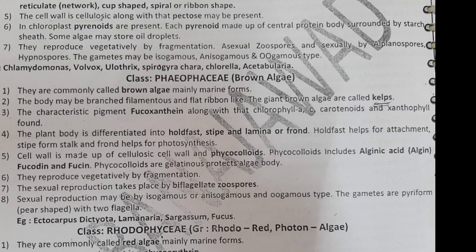in Phaeophyceae. If the plant body is multicellular, it is filamentous, and in that filamentous form it is branched, and a flat ribbon like structure is present. It is just a flat ribbon like structure. Okay. The giant brown algae are called kelps.